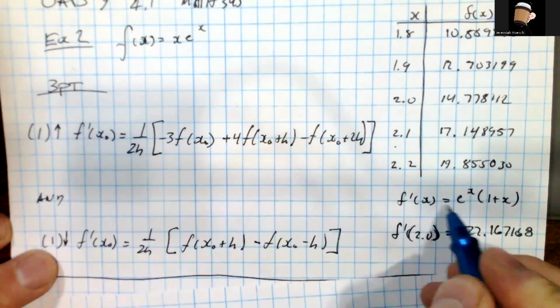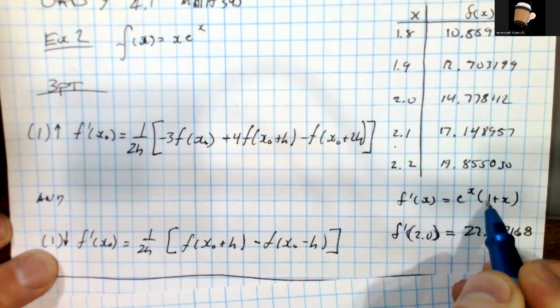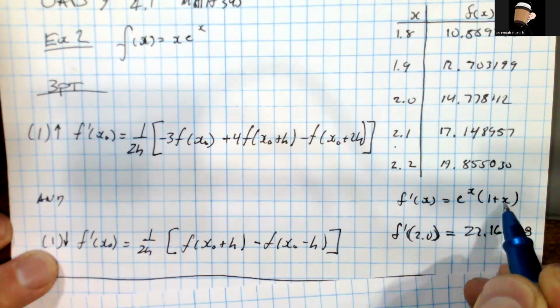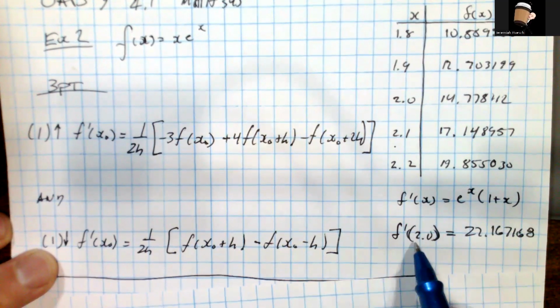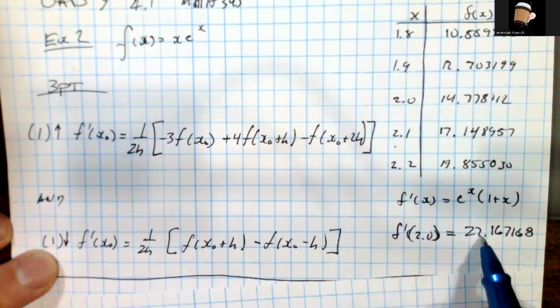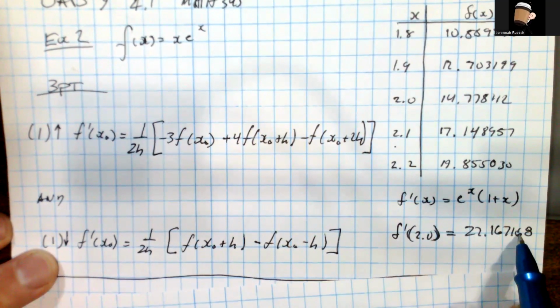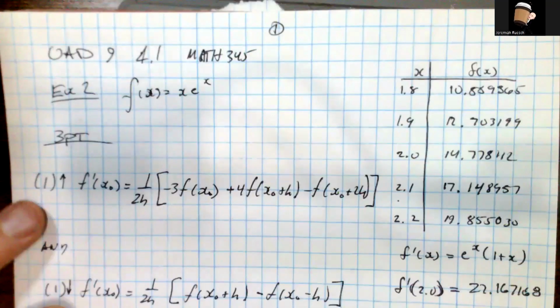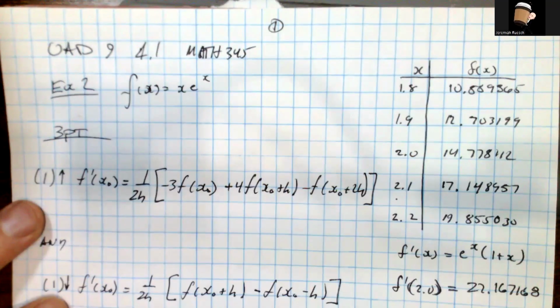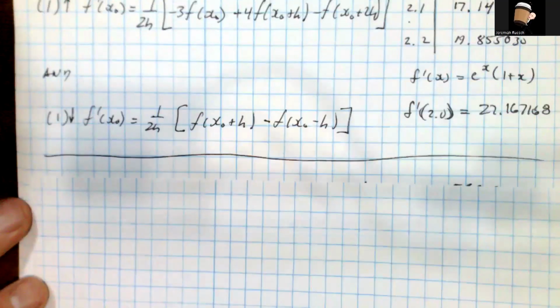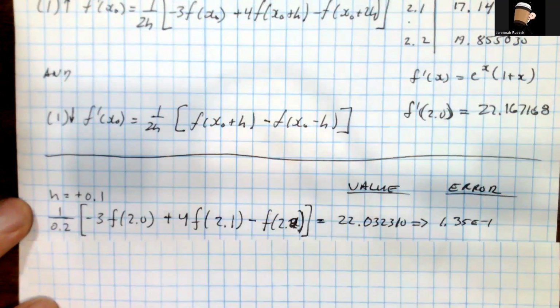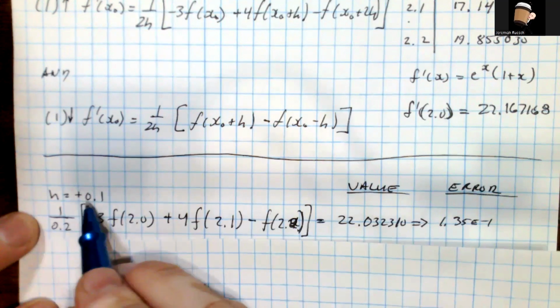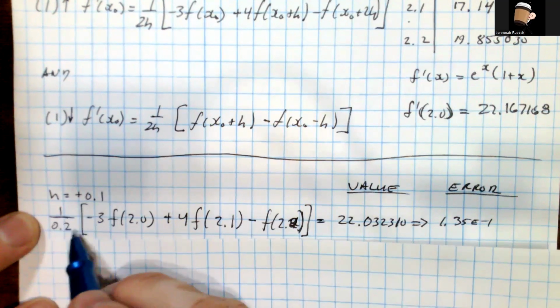Okay, note that f prime is equal to e to the x factored out times 1 plus x over here. And the value of f prime at 2 is exactly 22.16168. Okay. All right. So if we take this formula and look at our data and plug in our nodes, in the positive difference, we get 1 over 0.2.